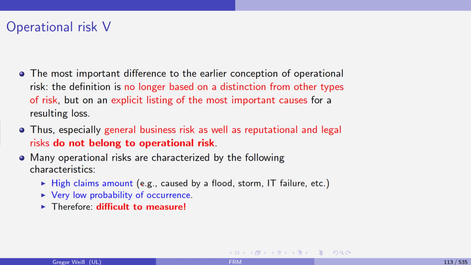Okay. Now, the most important difference to this earlier conception of op risk is that it's no longer based on a residual. It's no longer based on a distinction from other types of risk, but on an explicit listing of the most important causes for a resulting loss. Thus, especially general business risk, as well as reputational and legal risks, they do not belong to operational risk.